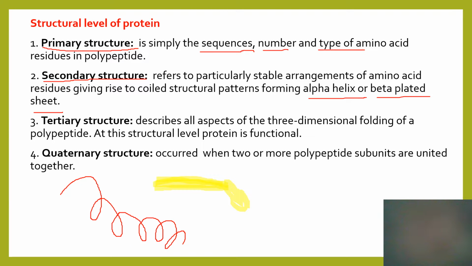Then tertiary structure will be formed. At this stage, it shows three-dimensional folding. It looks like a tangible object.